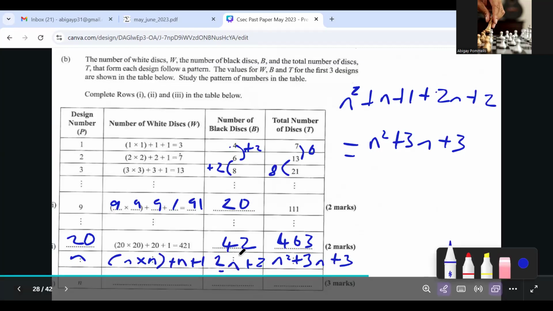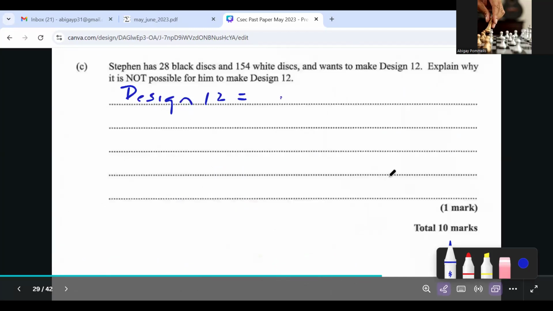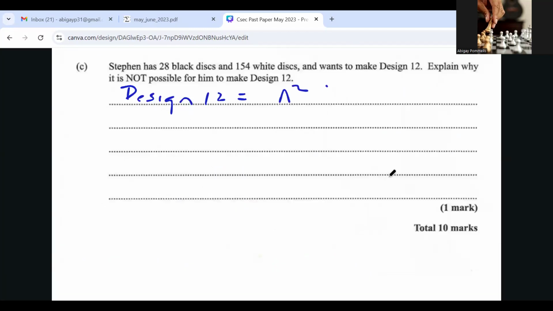So we're going to do white first. White is n squared plus n plus 1. So this is white. And it's design 2, so n is 12.